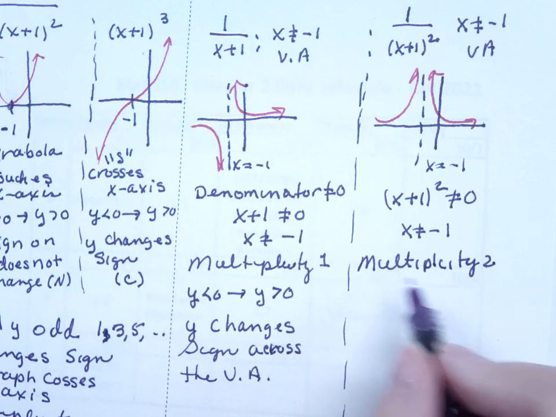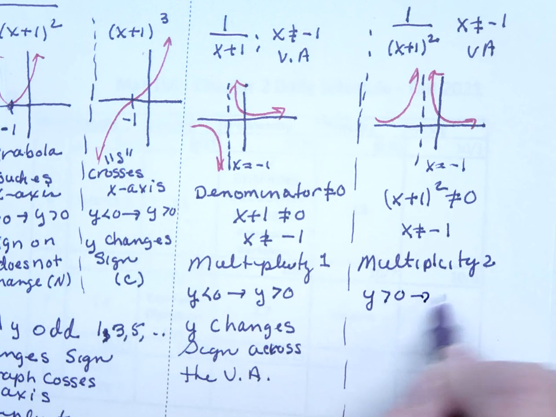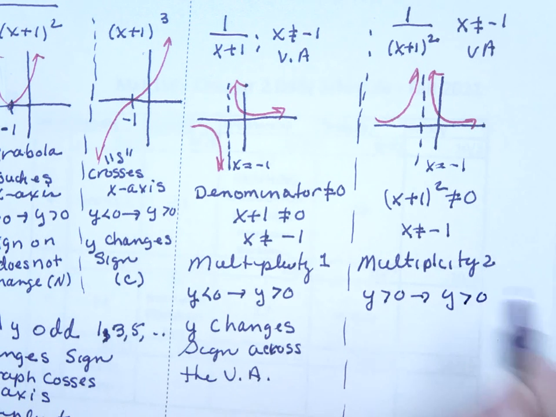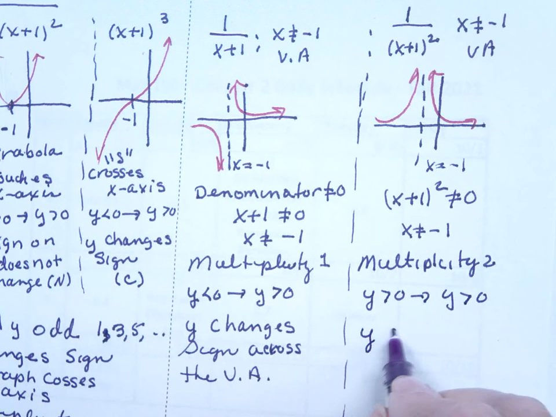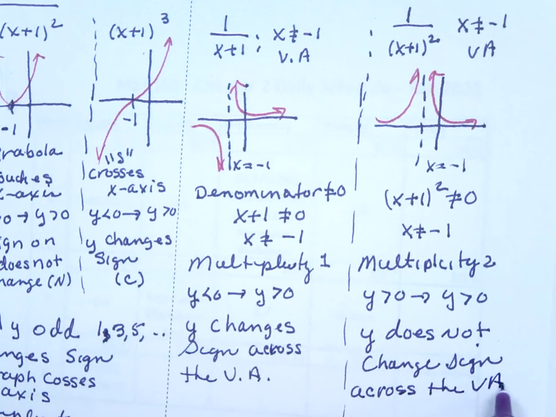So what do I notice? Y positive stays y positive. Y does not change sign across the vertical asymptote.